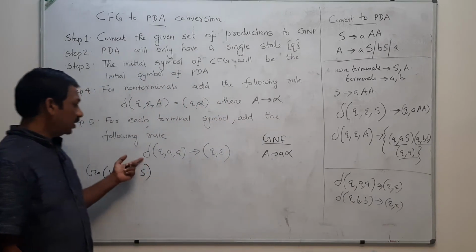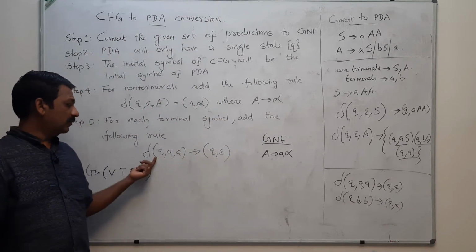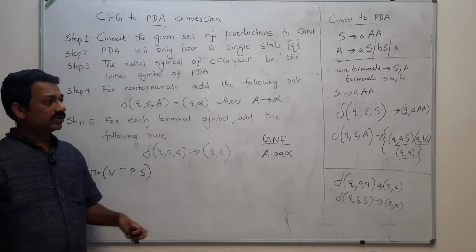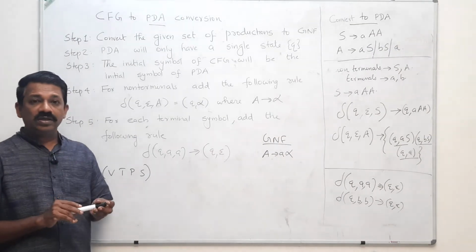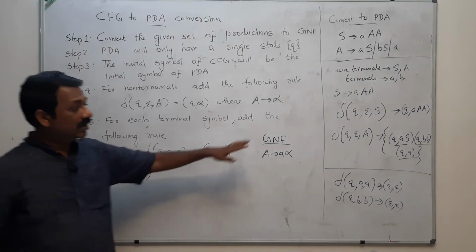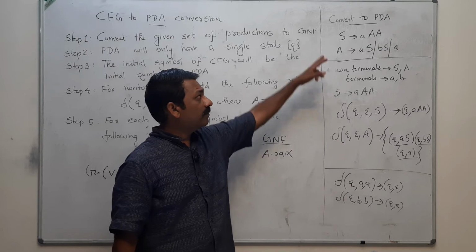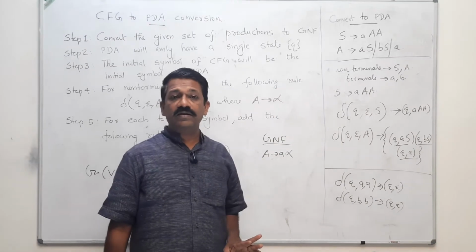That means for each terminal symbol add the following rules. So these are the moves we have developed. That means this is the PDA which we have developed from that context free grammar.